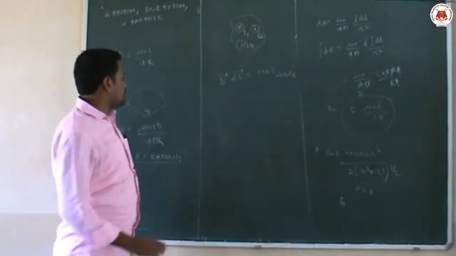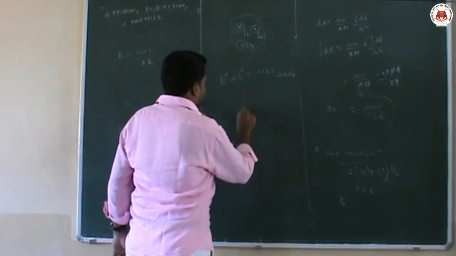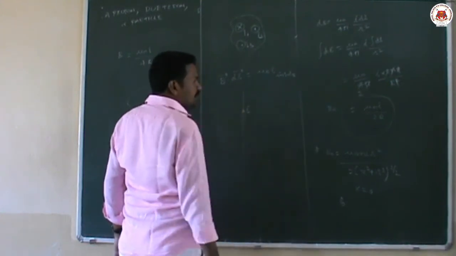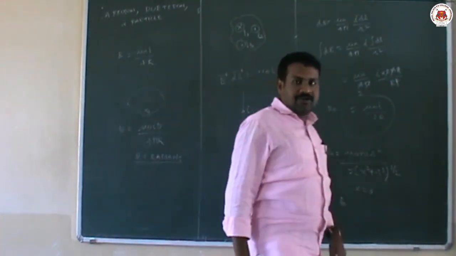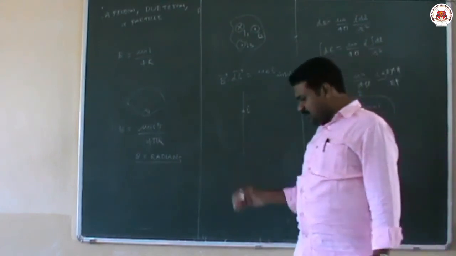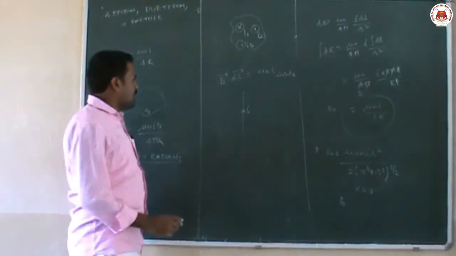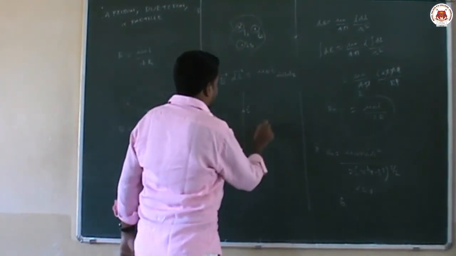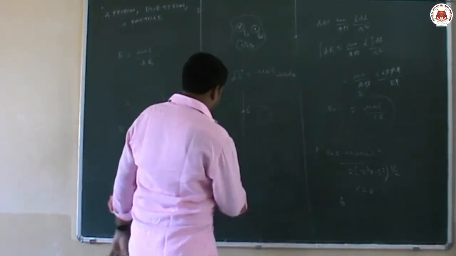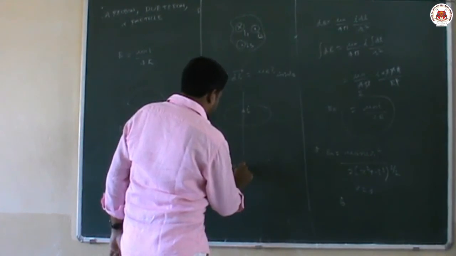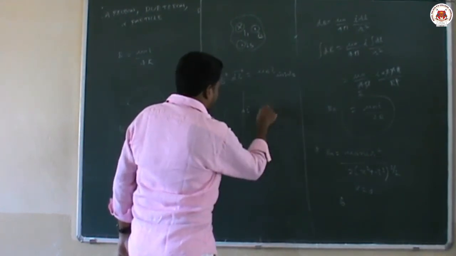Next, by using Ampere's law, we can find the magnetic field due to an infinitely long wire. Suppose there is an infinitely long wire carrying current I. Around this wire, you draw one circular loop. The line integral is B into 2 pi r, which equals mu naught I. Suppose I want the magnetic field at a distance r.